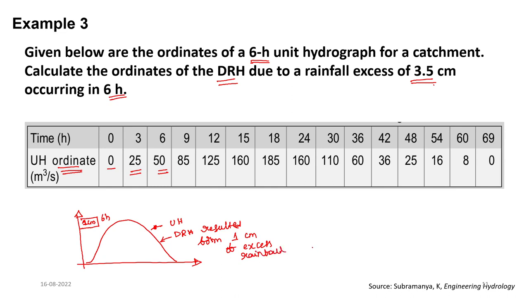Suppose now we want to calculate the DRH of 3.5 centimeter excess rainfall depth.